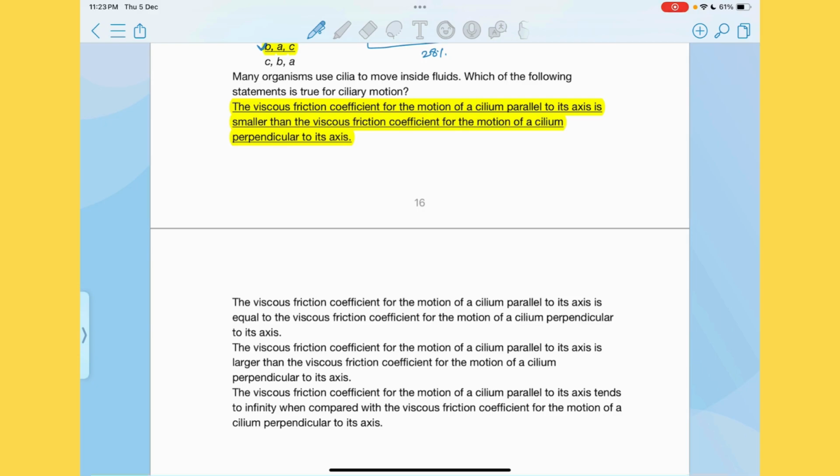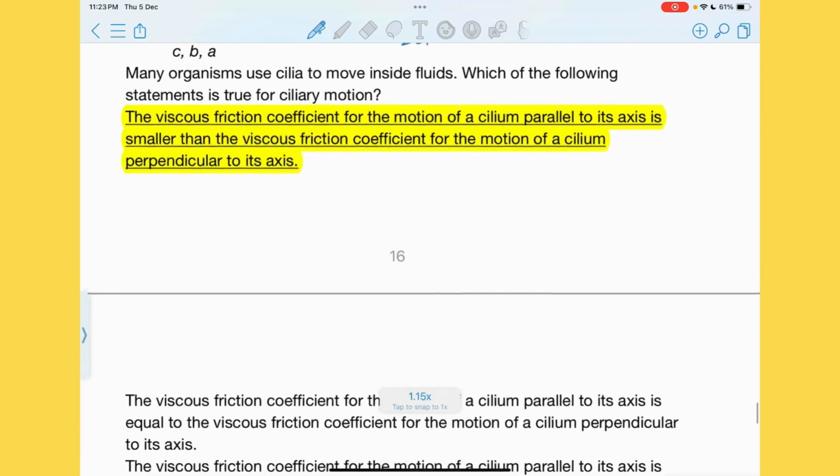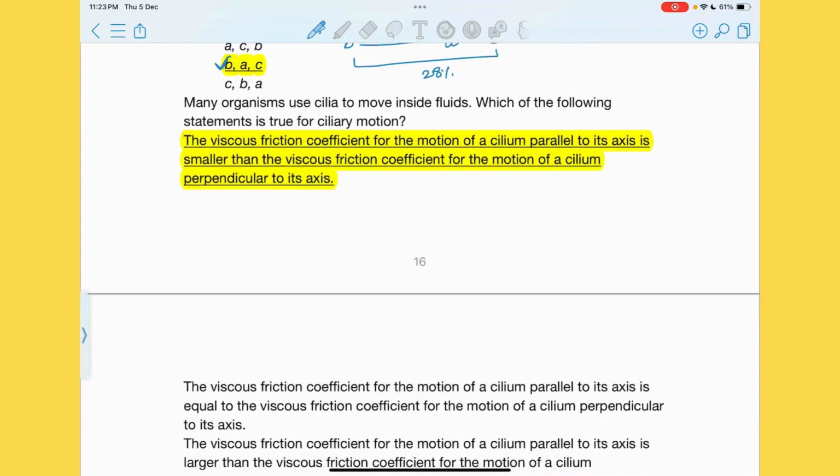Many organisms use cilia to move inside fluids. Which of the following statements is true for ciliary motion? I'm just reading the first option because I'll explain using the first option only. The viscous friction coefficient for the motion of a cilium parallel to its axis is smaller than the viscous friction coefficient for the motion of a cilium perpendicular to the axis. You know this is correct.